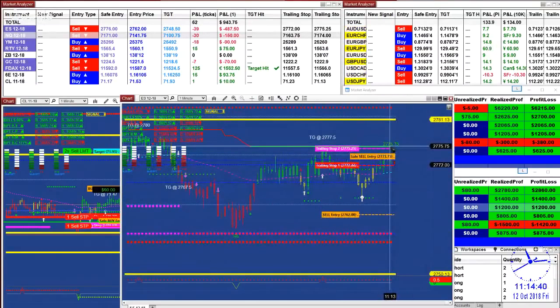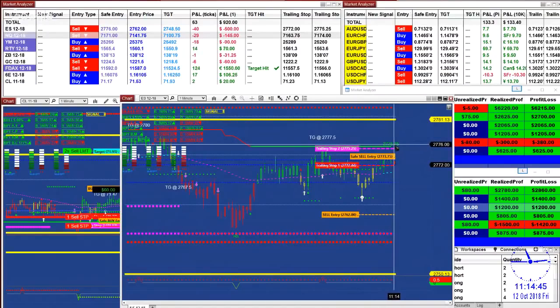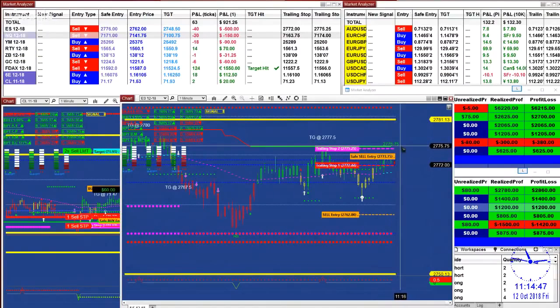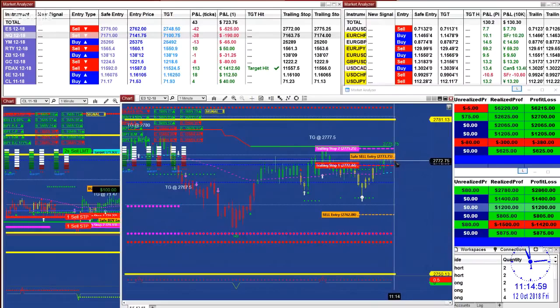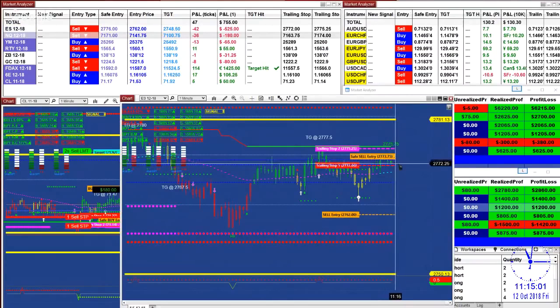Anything below that number here, 275, is short. Anything above that number, there are no more shorts, it is long. So for the ones who are trading at home, please be aware of that trade right there.